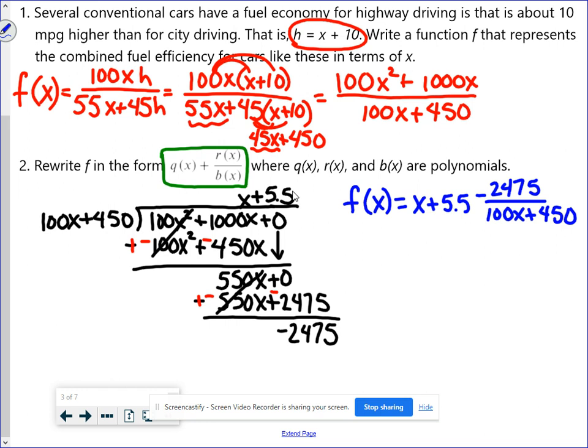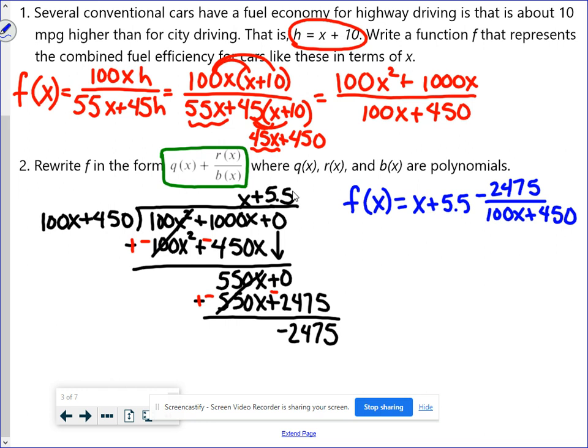And one more thing that I could do is I can clean up that fraction part. I know that having a decimal in a fraction is maybe not what we're exactly used to, but I can look at that 100x and the 450 and say I could divide both of those numbers by 20. Actually, let's divide them both by 50.